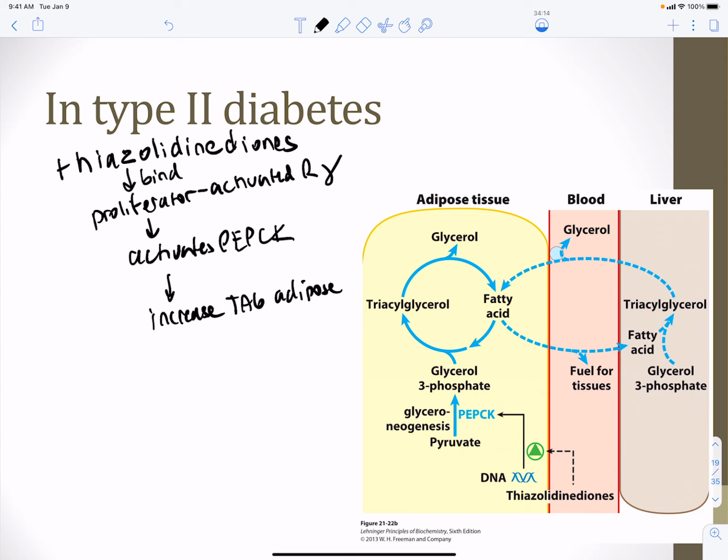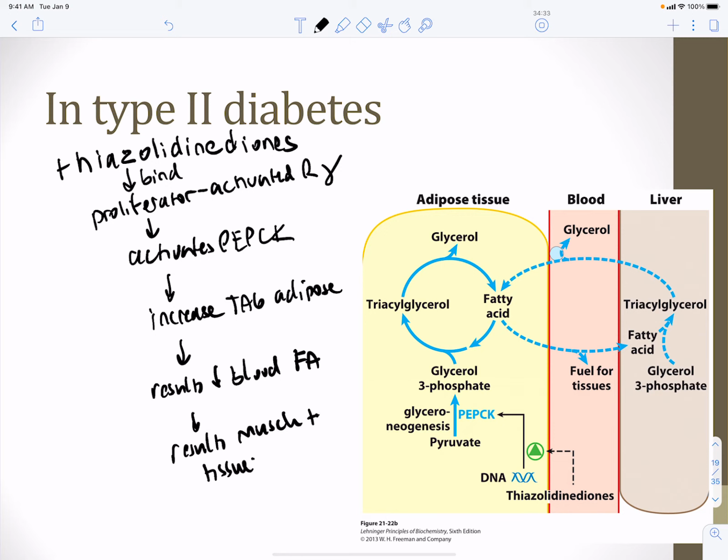And so basically you're going to increase production of TAGs, and this results in a decrease of fatty acids. And this results in muscle plus other tissues using glucose.